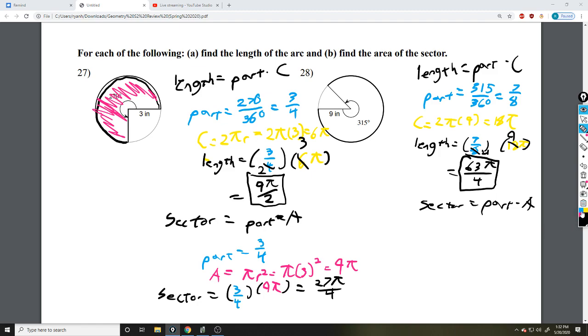And so for our sector, we're still going to use the same fraction of the way around for our part. We're still going 7/8 of the way around. But we want to use the area this time. Area equals pi times our radius squared. Our radius here is 9 squared, so that's 81 pi.